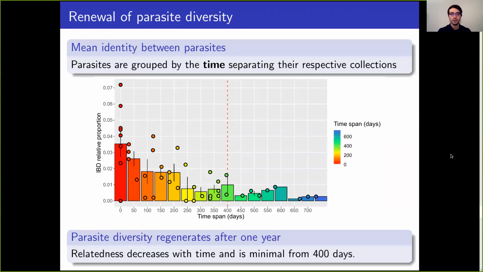So here you can see that there's a steady decrease of parasite similarity with the time separating the time points. After 400 days, we could not see any more decrease of the parasite similarity. We concluded then that if you see a strain at a moment, 400 days later, you would likely not see it anymore in the population in this case.